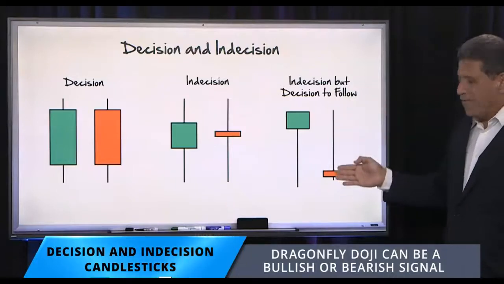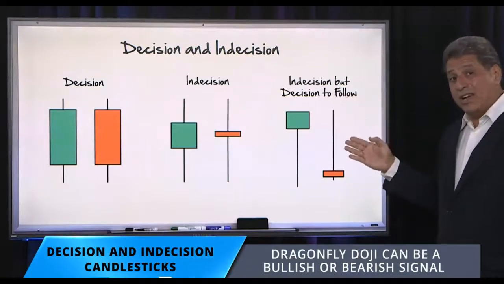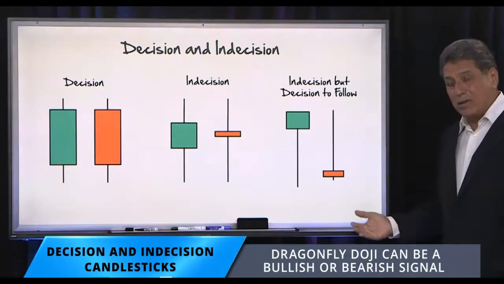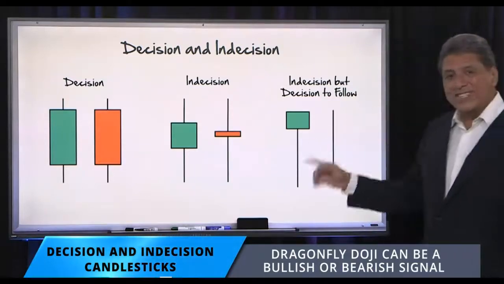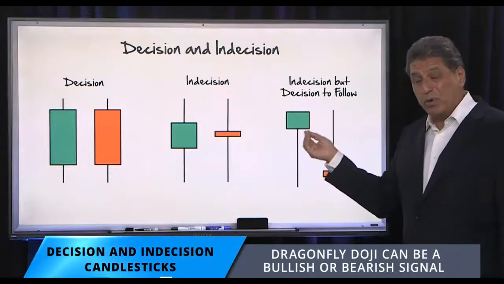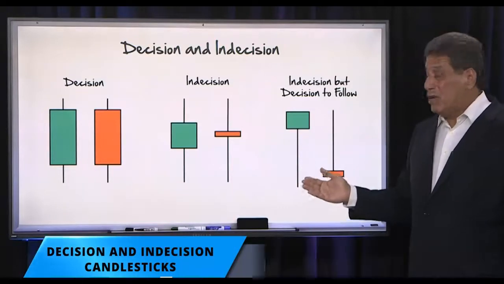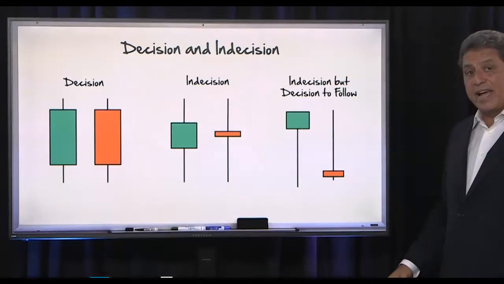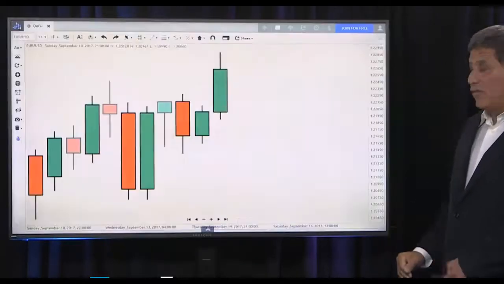See, when you have long wicks on the north side of a small-bodied candle, that's a bearish signal. And when you have long wicks on the south side of a small-bodied bullish, that's a bullish signal, meaning prices will usually go up after that, just like prices will usually go down after this one forms.